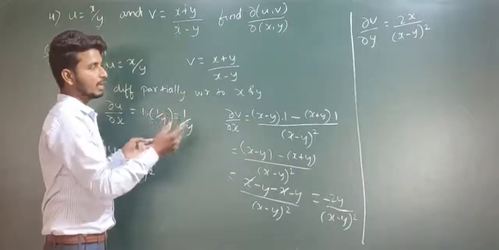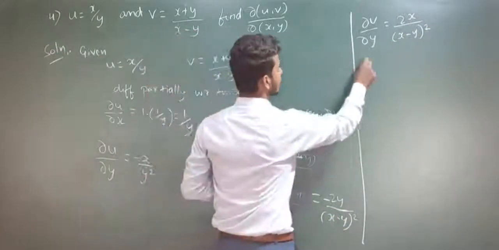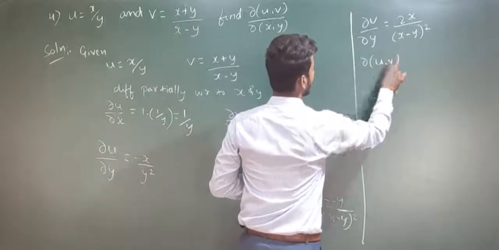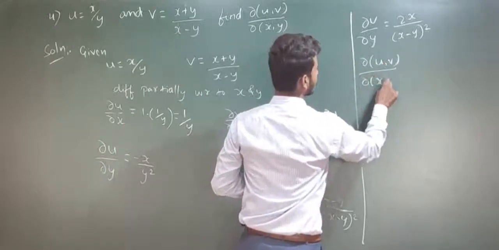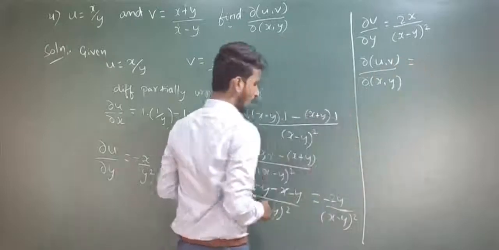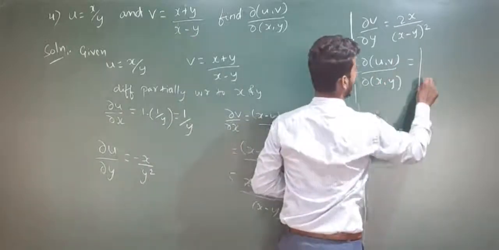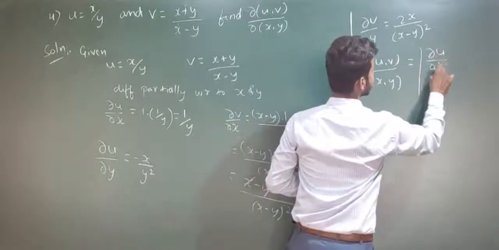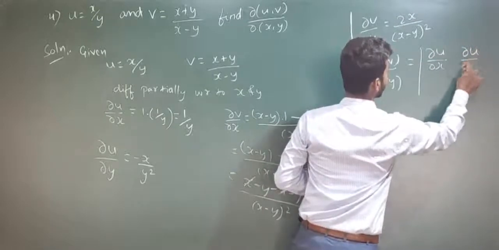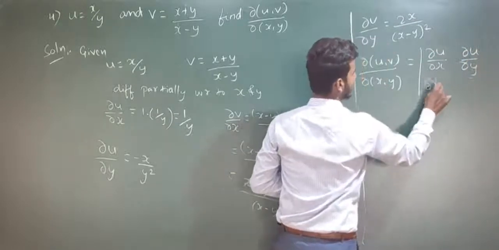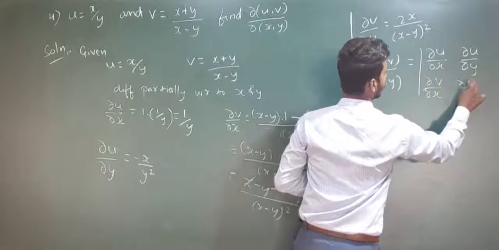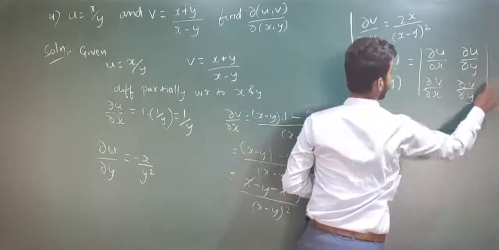Next we have to substitute in the determinant form, that is dou of u comma v divided by dou of x comma y, which is equal to the determinant of dou u by dou x, dou u by dou y, and dou v by dou x and dou v by dou y.